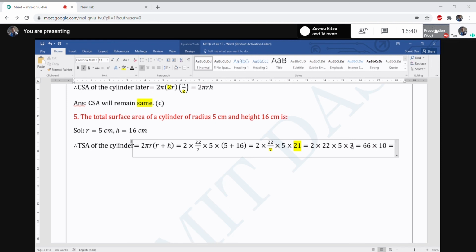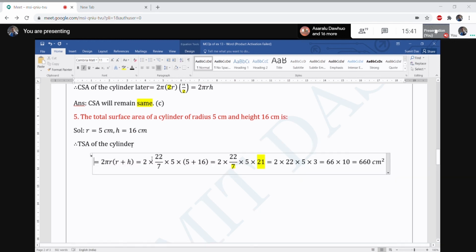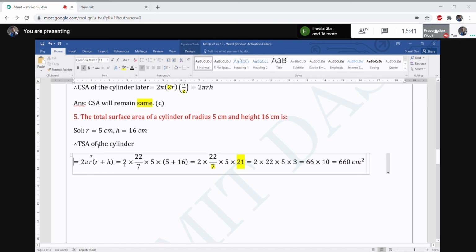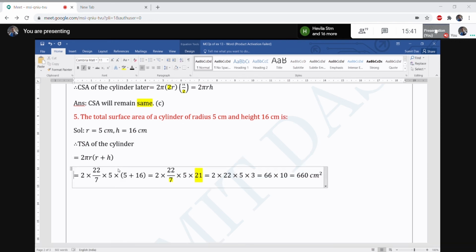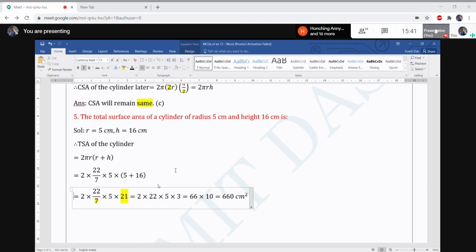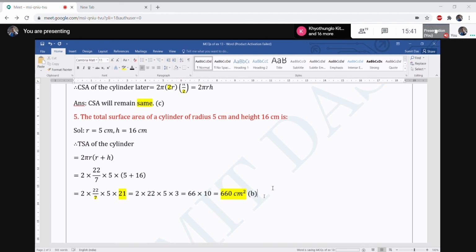So if you multiply this one, it will be 660 centimeters square. That's the answer. Okay. So that's our answer. Option B is correct.